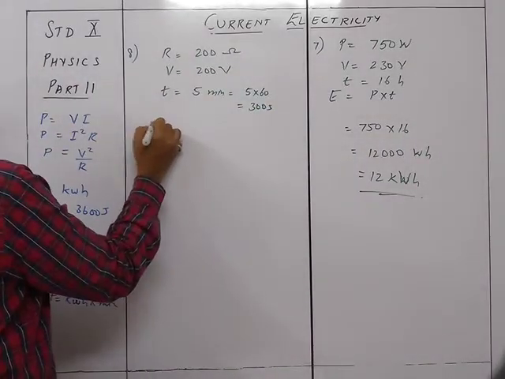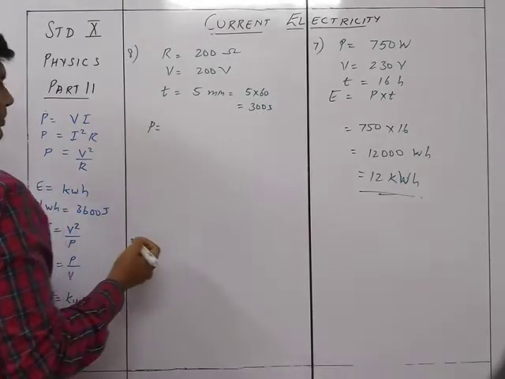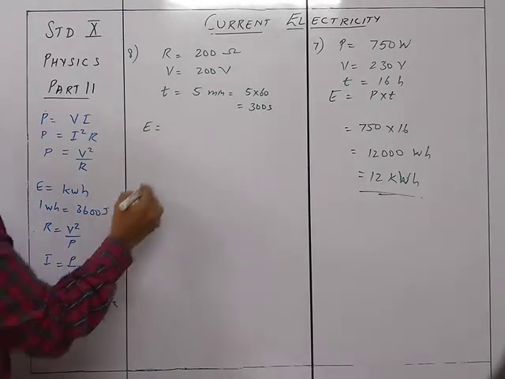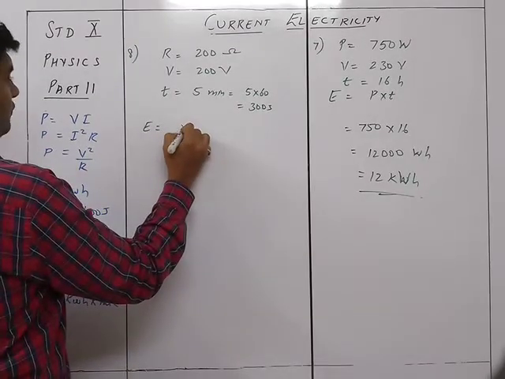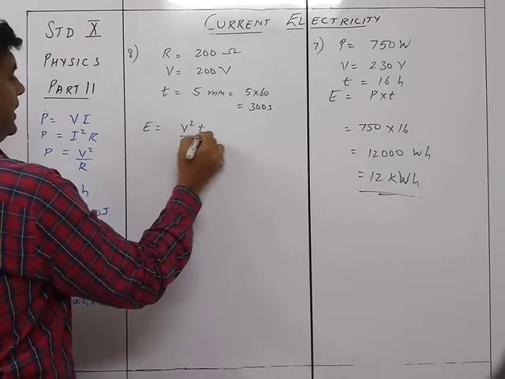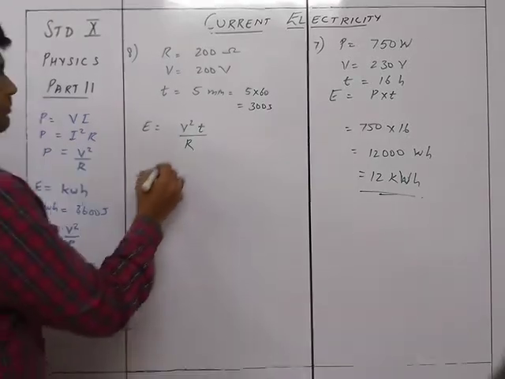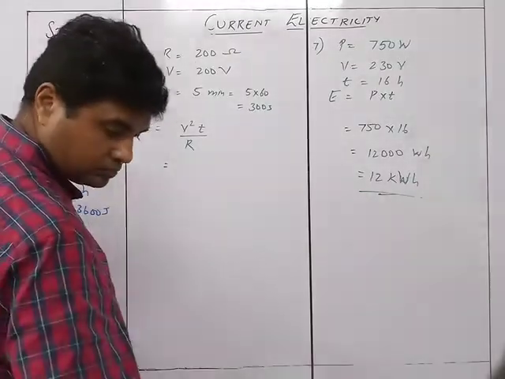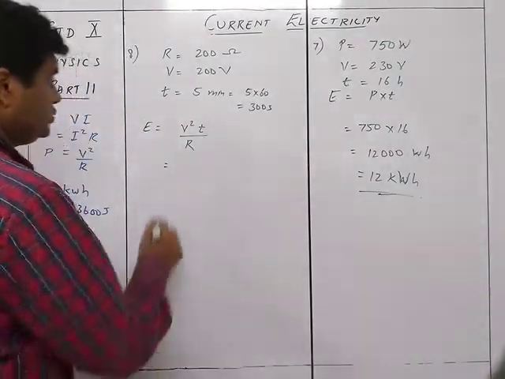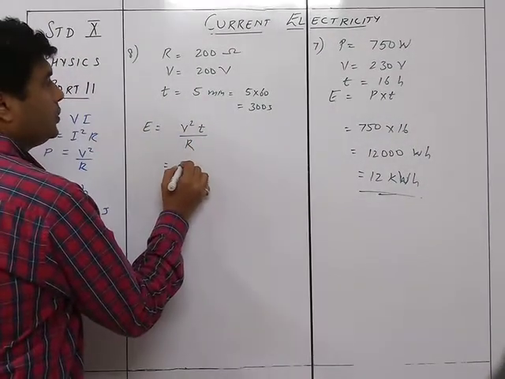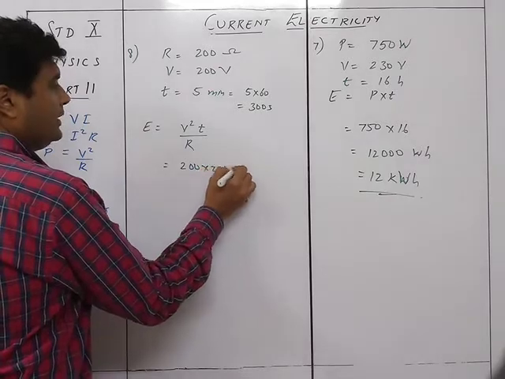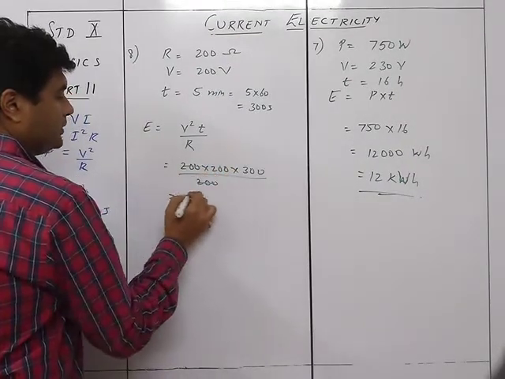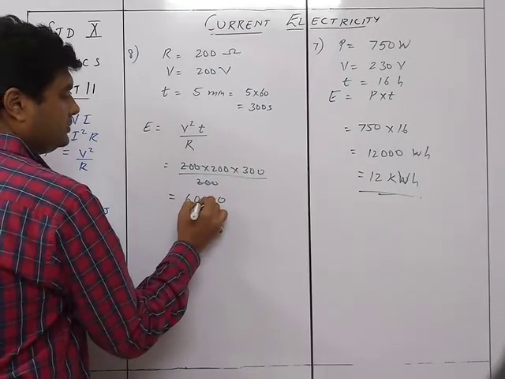So energy is equal to V square into T upon R. Now we want it in joule, so it will be 200 into 200 into 300 upon 200. That will be 60,000 joule.